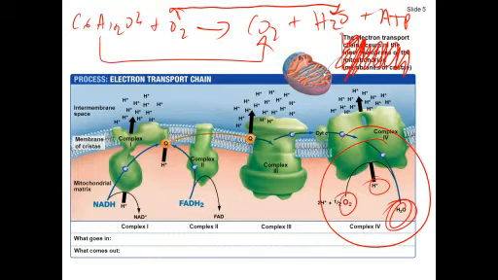The end product here is water. So we've talked about the oxidation of glucose to CO2, and the reduction of oxygen gas to water. Now we have only one product remaining to explain. We've got to talk about how ATP is generated. That's the last step of this.